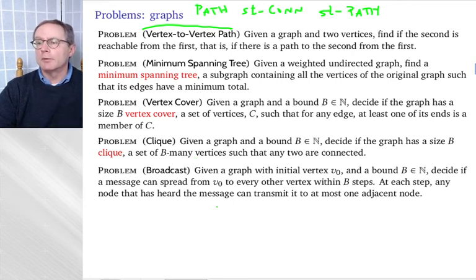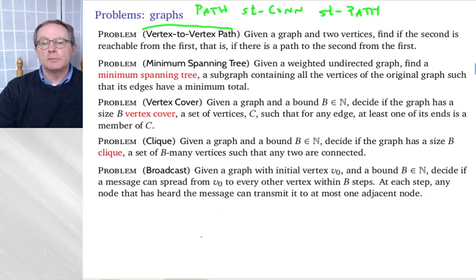And one more problem here on the list, just trying to give a person a vocabulary of the kinds of problems we'll be talking about. The broadcast problem. Given a graph with an initial vertex V0 and a bound B, you decide if a message can spread from V0 to every other vertex within B many steps. At each step, any node that's heard the message can transmit it to at most one adjacent node.